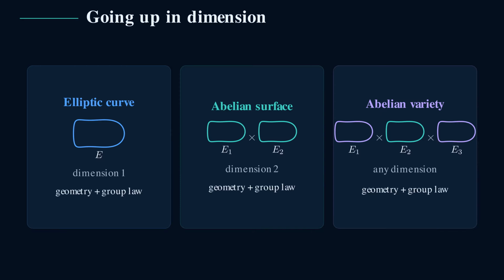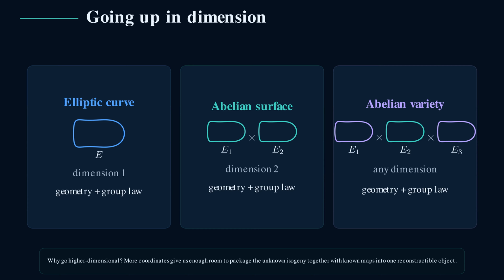Products of 3, 4, or more elliptic curves give higher dimensional abelian varieties. Why go up in dimension? Because extra coordinates create flexibility. We can place the unknown secret isogeny beside scalar multiplications and dual maps, arranging them into a matrix with a kernel that the public SIDH data reveals.